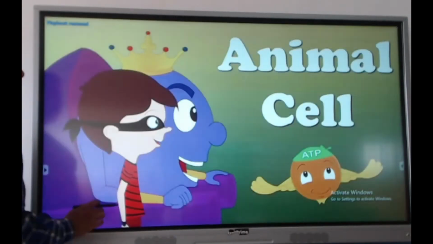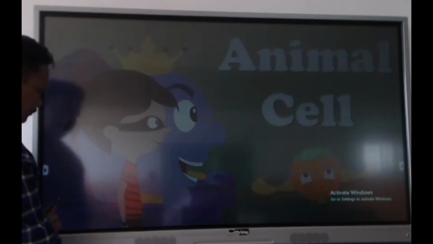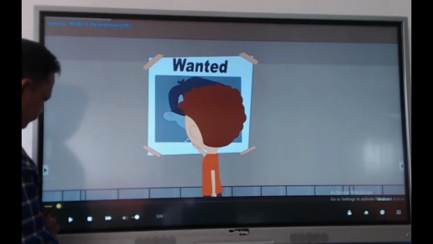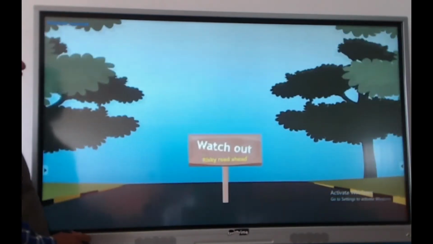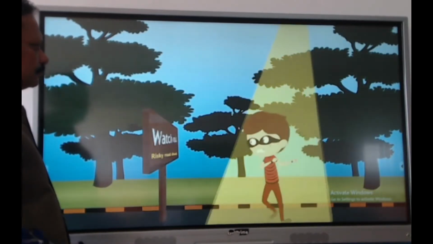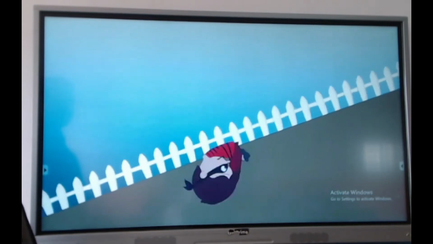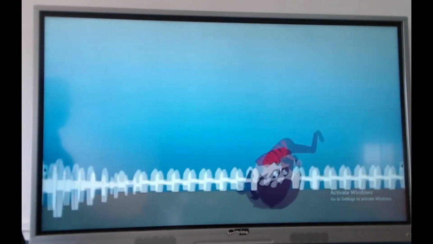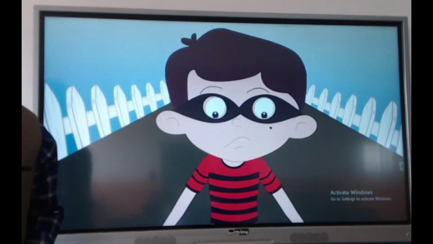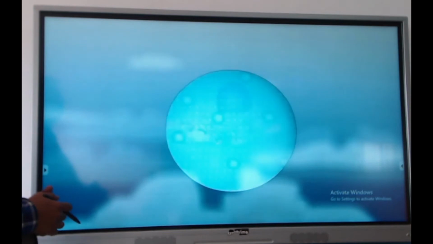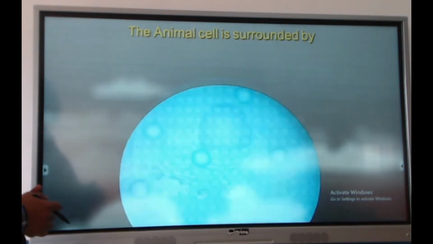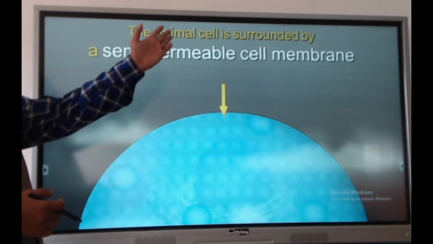So this is the plasma membrane what we are observing. So animal cell is surrounded by semi-permeable cell membrane.